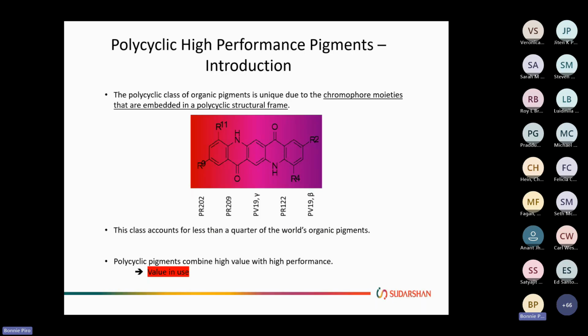They're probably a little bit less than a quarter of the organic pigment volume out there. However, they come with some advantages. They have a very high value in use due to their performance properties as well as the higher strength that comes along with them. So additional value in use comes with these pigments.